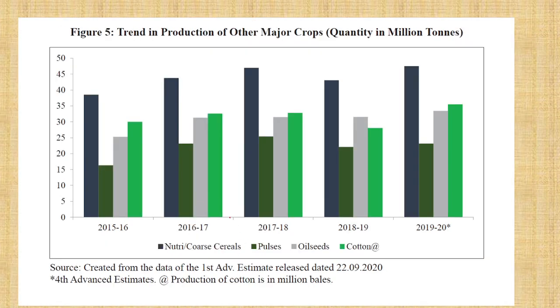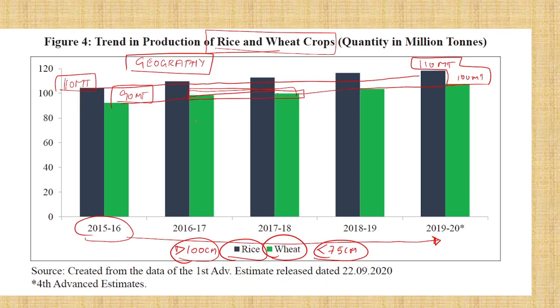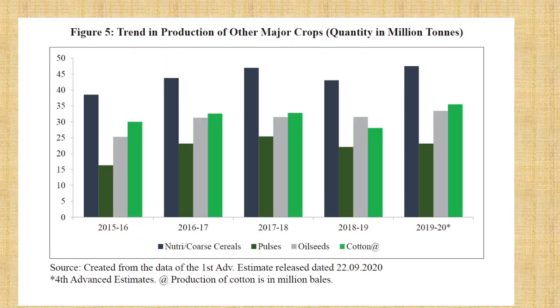Next, and this is the key. In rice and wheat, I don't think any questions might come. But pulses and oil seeds, they are always asking. Pulses, last time they asked, two years ago I think, pulse imports they asked. See this is pulses.